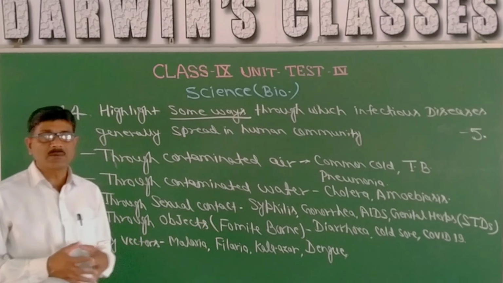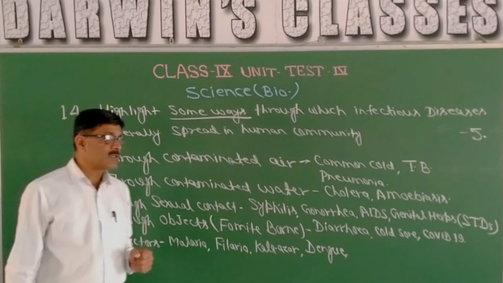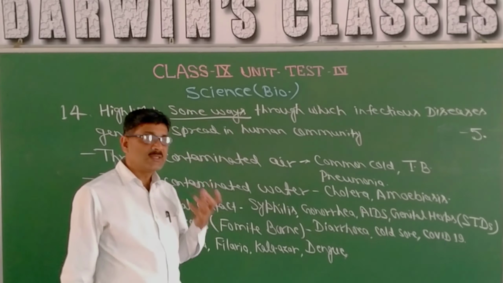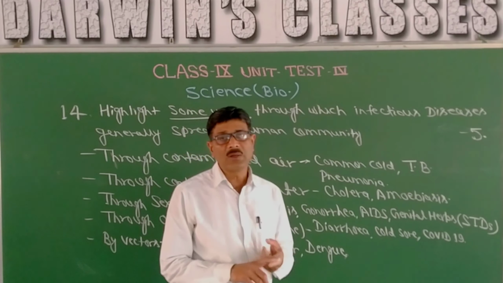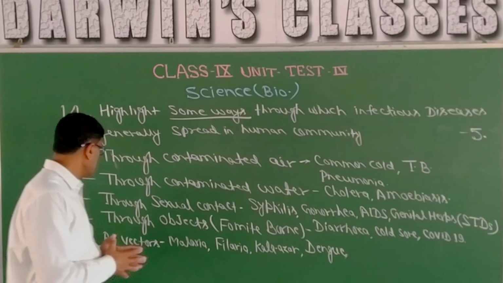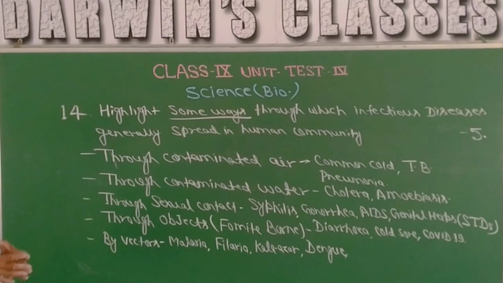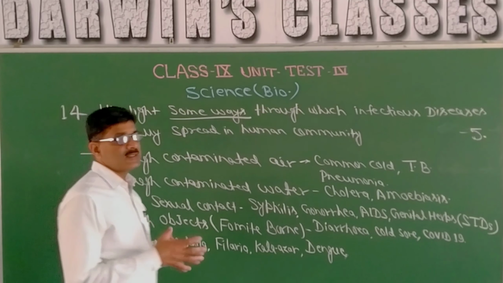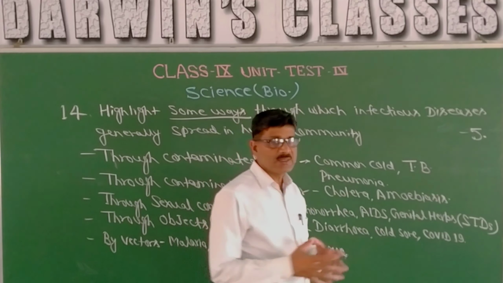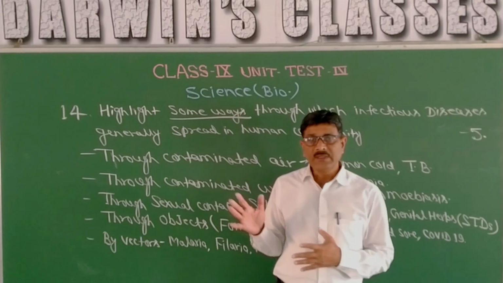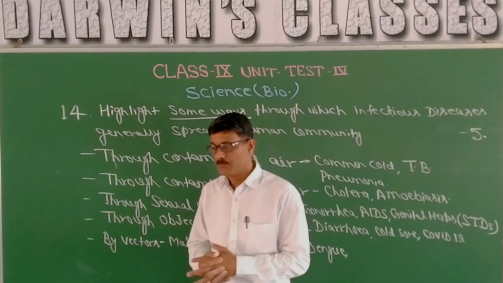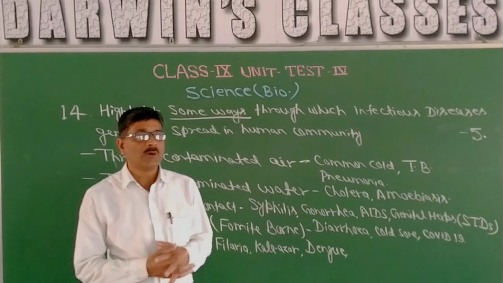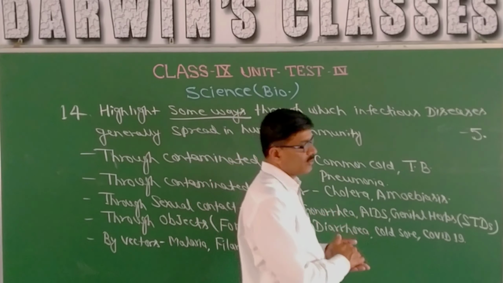Diseases like malaria, kala-azar, dengue, Japanese encephalitis all are being transmitted through vectors. So these are the different modes through which common communicable diseases are transmitted from diseased person to healthy person. So this was all about the questions which were asked in your test.